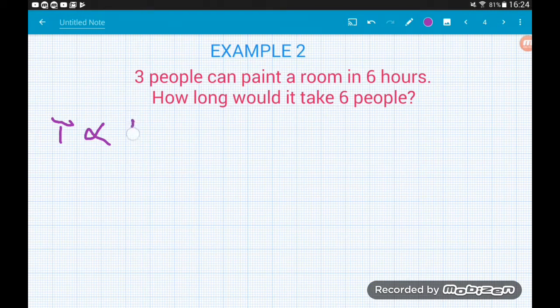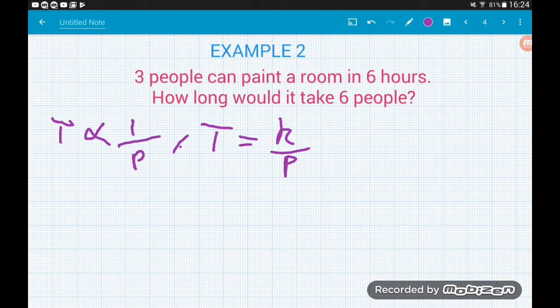So we can say that t is proportional to 1 over p. Okay, so that tells us then the equation we're going to be using is t equals k over p, the number of people.